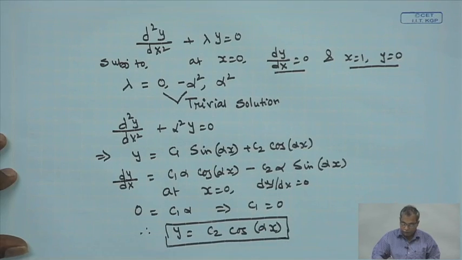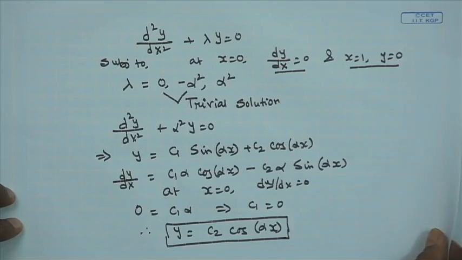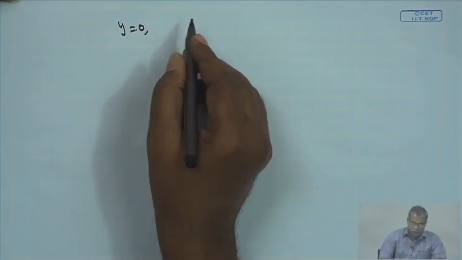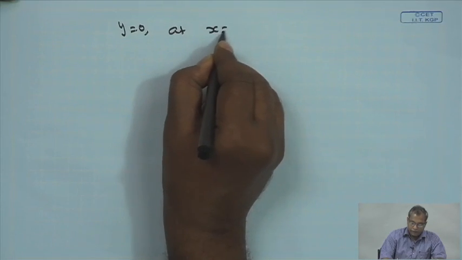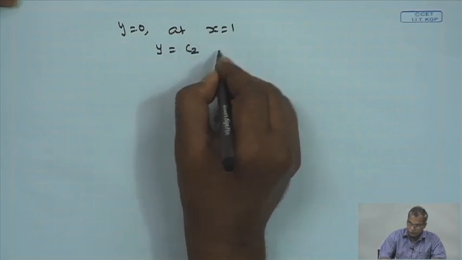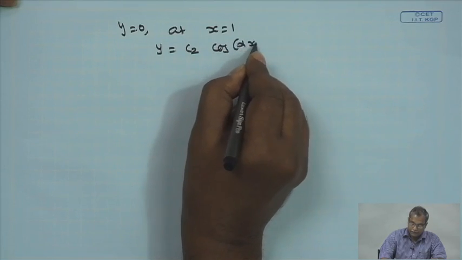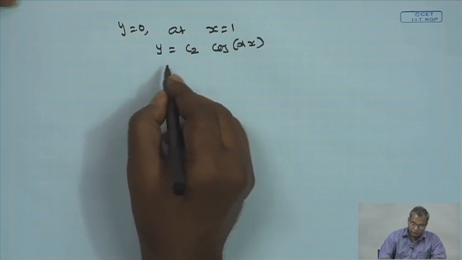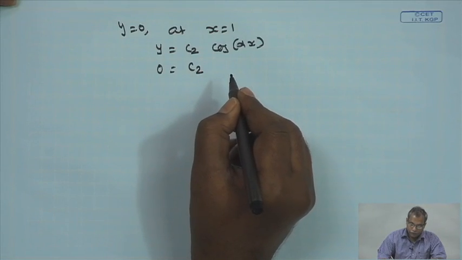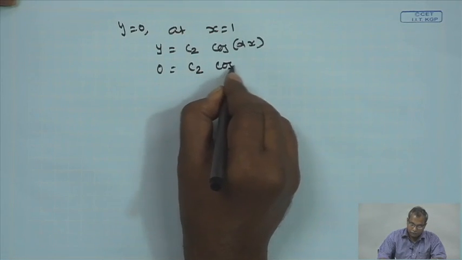Next, we will utilize the other boundary condition, at x equal to 1. So, y is equal to 0 at x equal to 1 as well. With y equal to c2 cosine alpha x, this becomes 0 equal to c2 cos alpha.